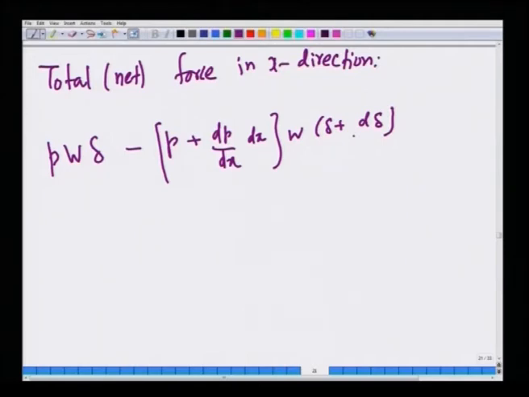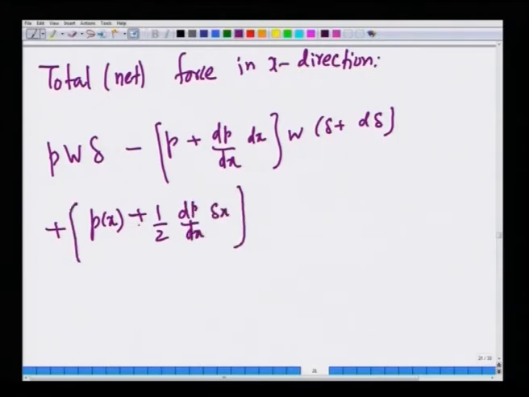Now, plus the force on the face BC, which we can simplify as P at x plus half dP/dx dx times w times d delta, that is the projected area, minus the shear stress, which is tau w plus half d tau w times w dx.